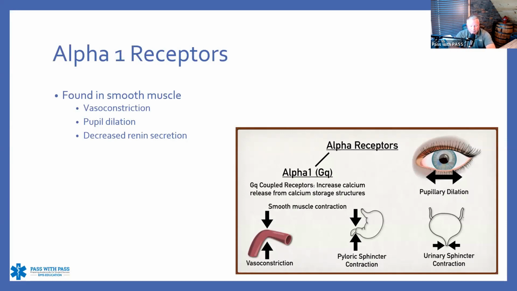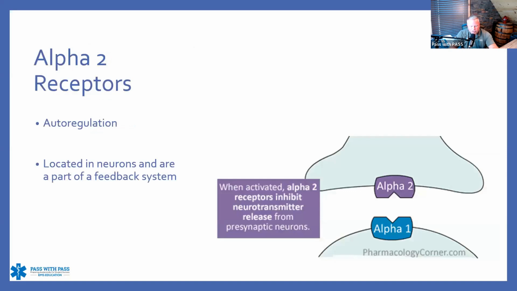We know that renin is part of the renin, angiotensin, and aldosterone system, and that ultimately is what takes the angiotensinogen and turns it into angiotensin 2, which is a potent vasoconstrictor. So if we reduce that, it doesn't have the ability to release some of the angiotensinogen like we would want to do in a situation where we are volume depleted. So for your alpha 1 receptor, if you can just kind of remember, alpha 1 is really vasoconstriction. That's what you need to get out of that portion.